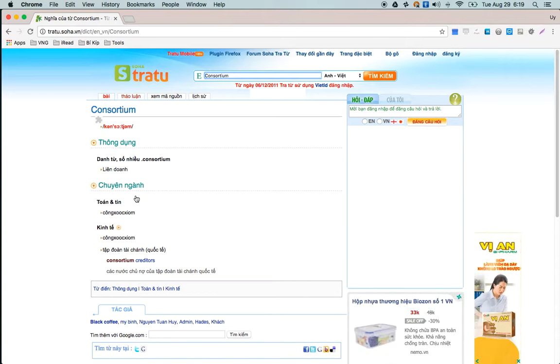But how to implement an information system by using the RAD concept? We don't have any generic way. We don't have any generic methodology to implement a system that follows the RAD concept.